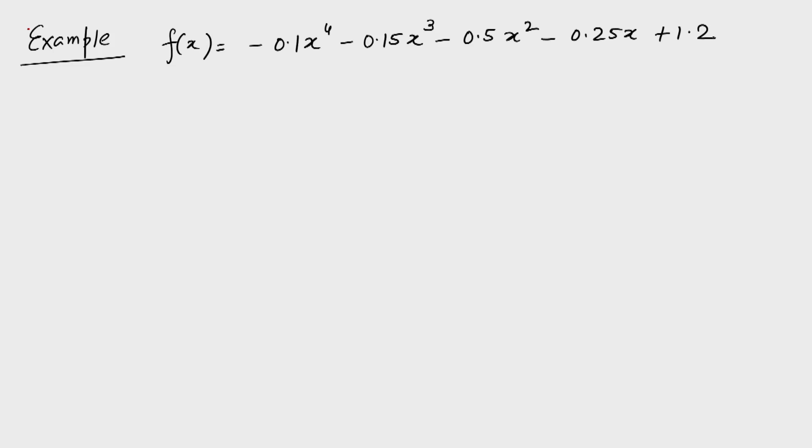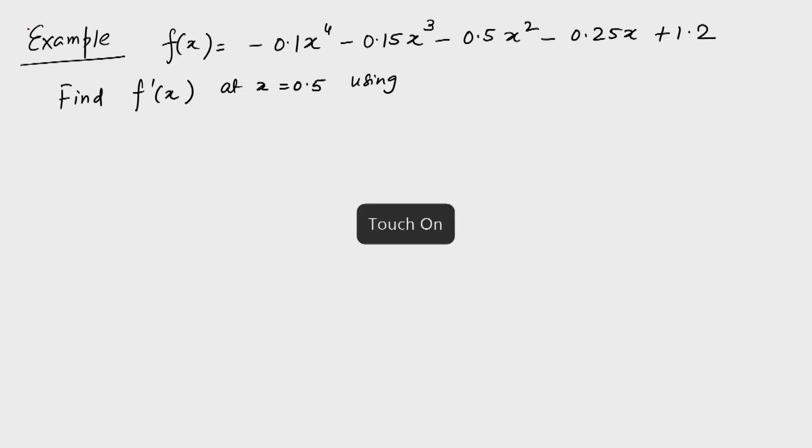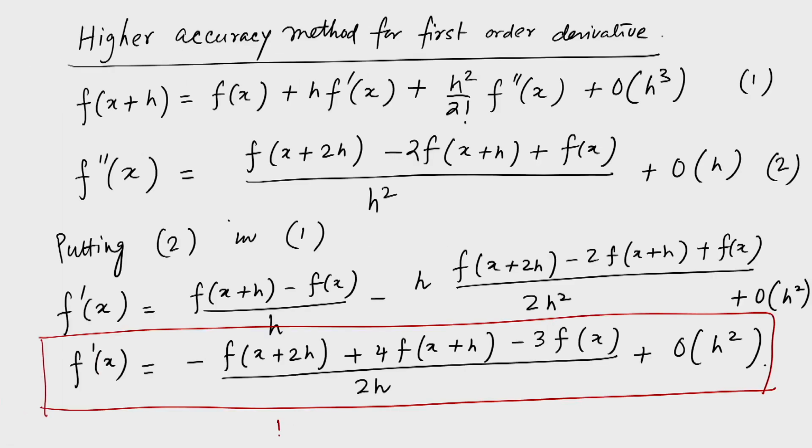That is the function that is given, and find the first derivative, that is f prime of x at x equal to 0.5 using this method, and this method is called the finite divided difference method. Let us just write that: this is called the finite divided difference method.